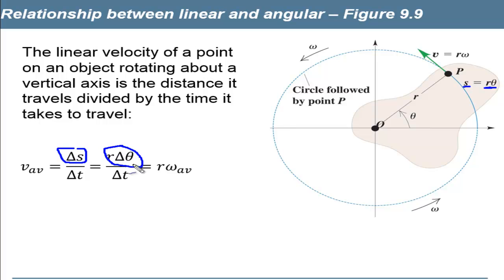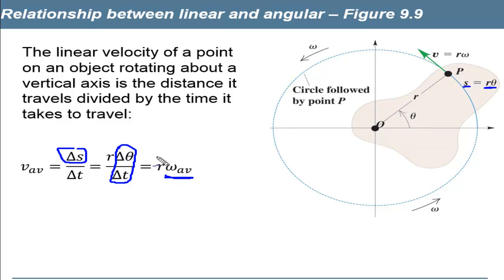But we also said that delta theta over delta t, a change in angular position divided by time, is actually our average angular velocity. Sorry, not acceleration, this is omega, the average angular velocity.